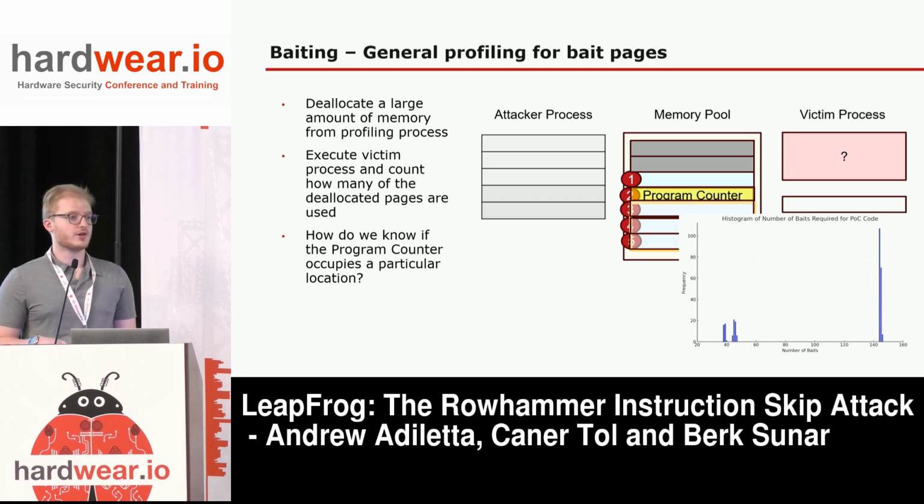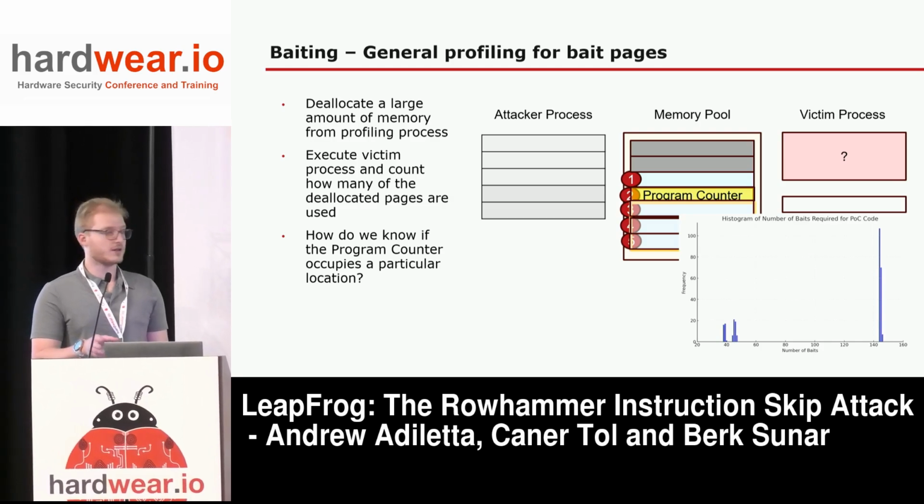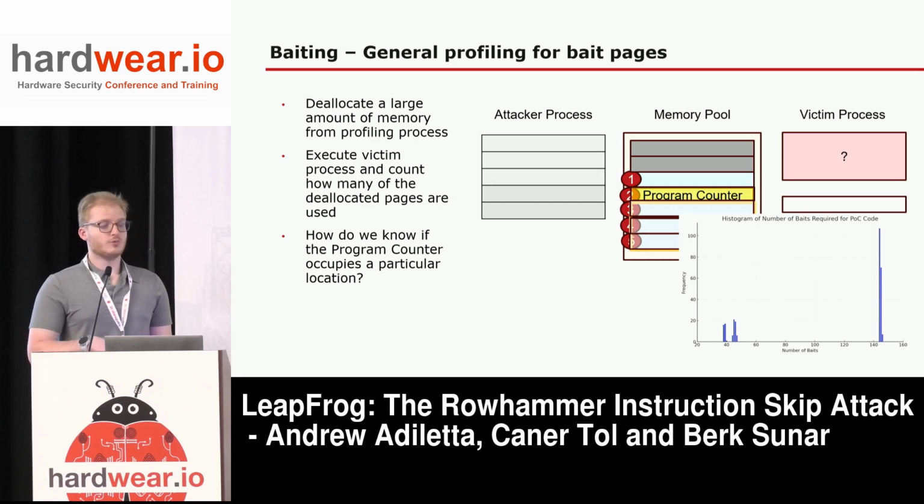Some takes a little more searching, but for all of the DDR4 memory I tried this experiment on, and we tried a bunch, I've got a table somewhere showing all the different things we tried, we always found flippy bits. What that means is it determines how long your profiling step is. If it's really flippy, it doesn't take a lot of profiling to figure out this is the page in memory that's going to flip the bit that I want. If it's not as flippy, it could take potentially 8 to 16 hours to find that flippy location, but you'll probably eventually find it if you're just assuming you're flipping one bit.